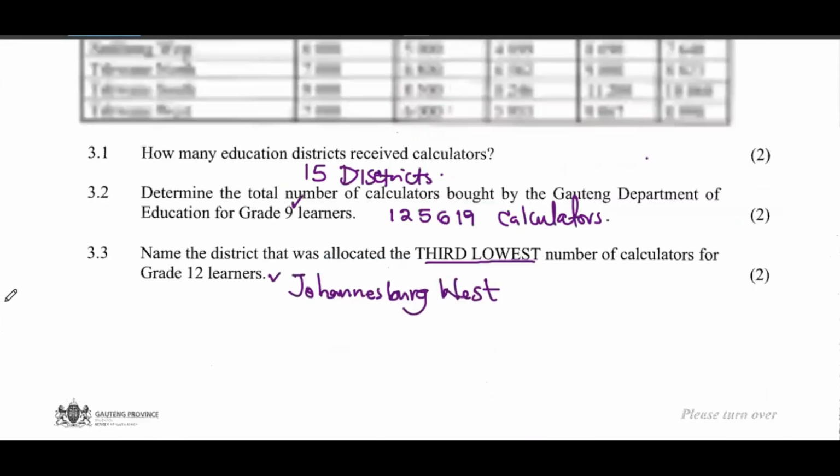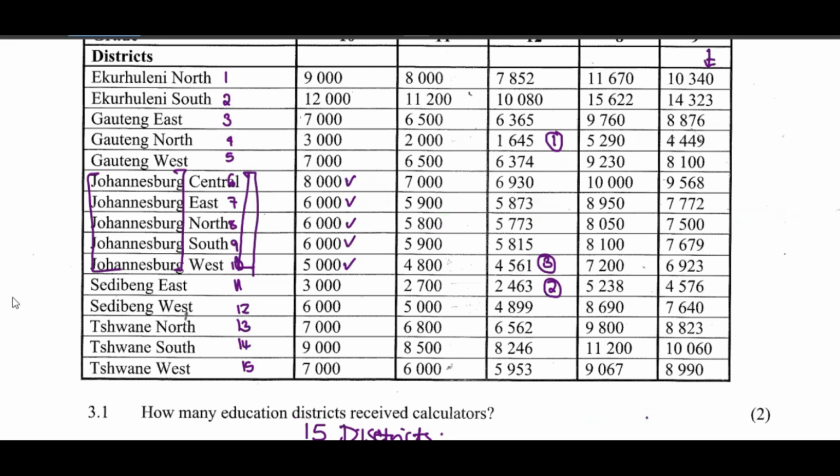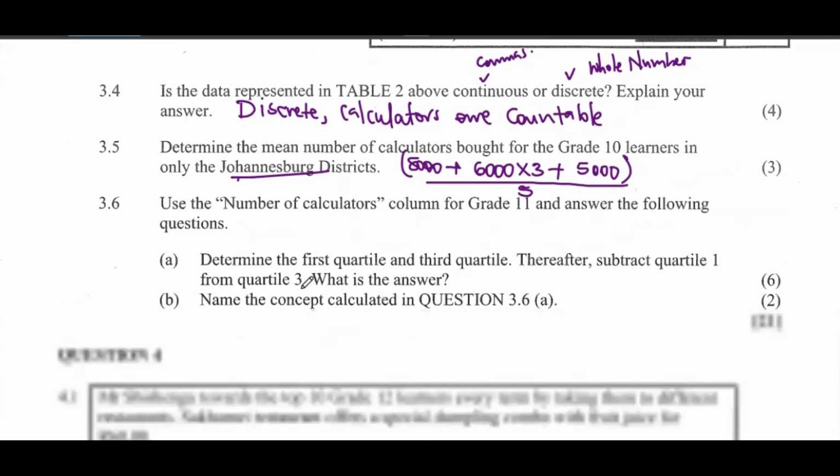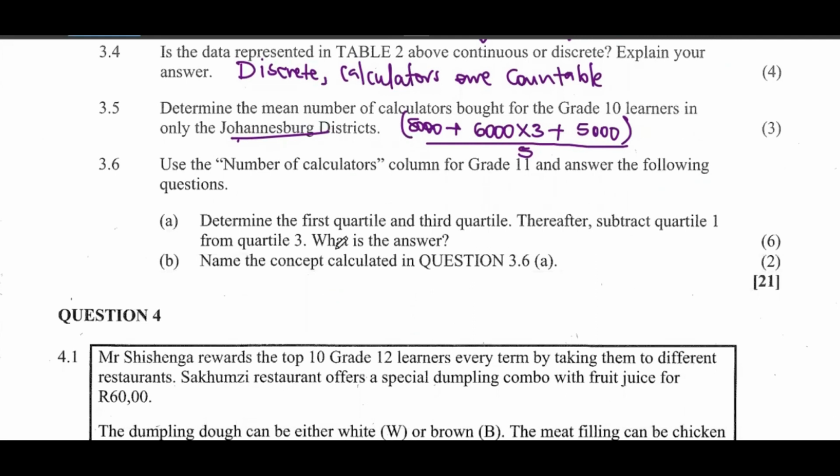Because there are 5, we have 1, 2, 3, 4, 5. 6,000 is multiplied by 3 because it's added 3 times. I don't want to waste time. Okay, so I have 8,000 plus 18,000 plus the 5,000. I get 31,000. I divide by 5, which is 6,200. We are looking for mean. Add all the numbers and divide by the number you've added.